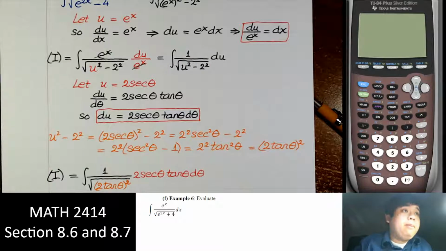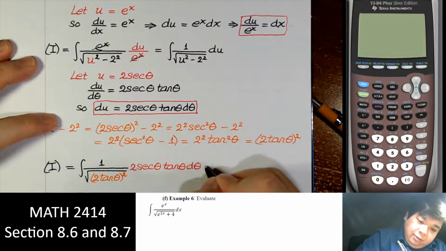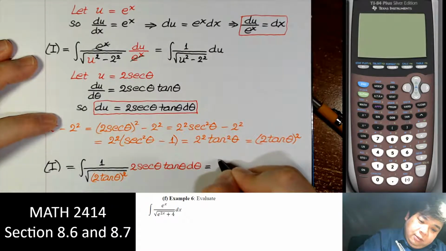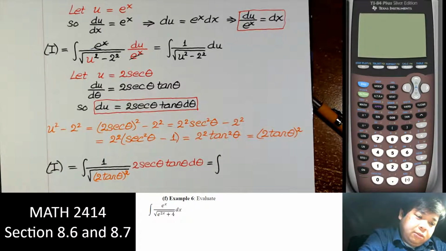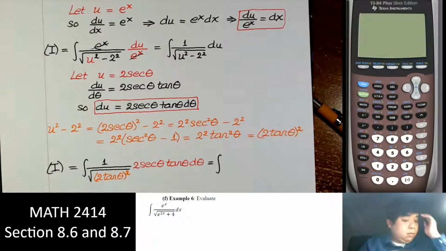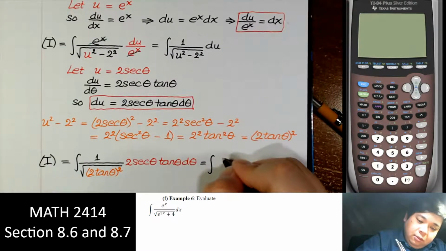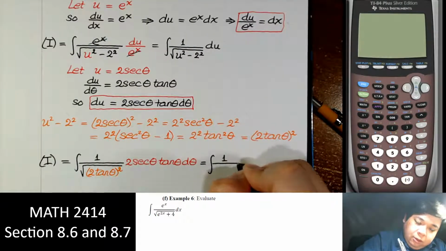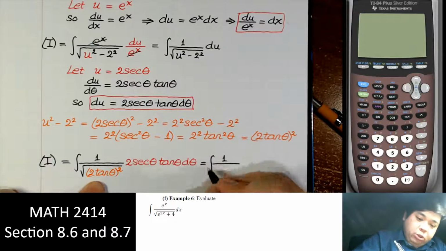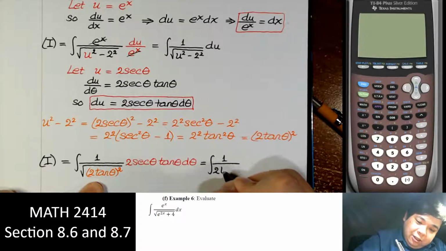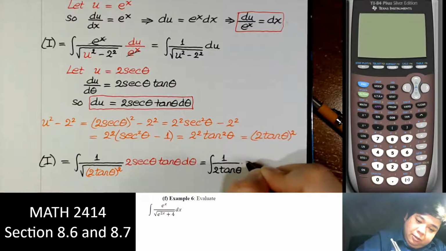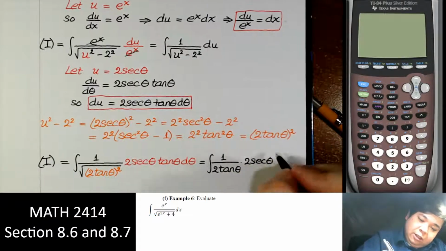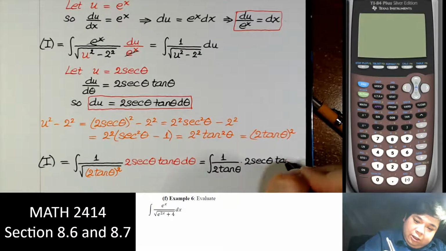Square cancels square root, to 2 secant tangent.